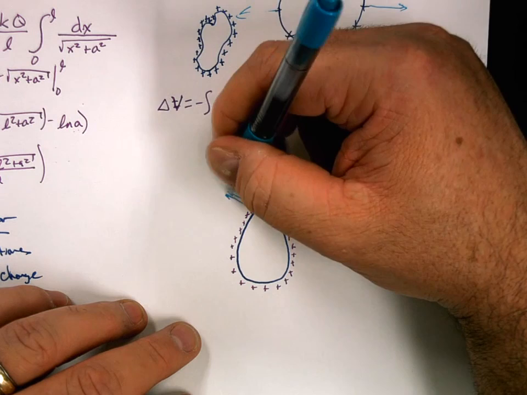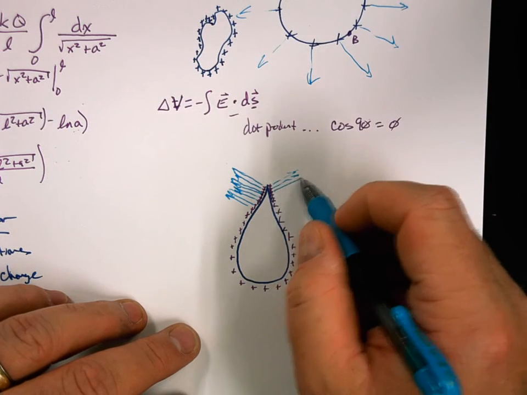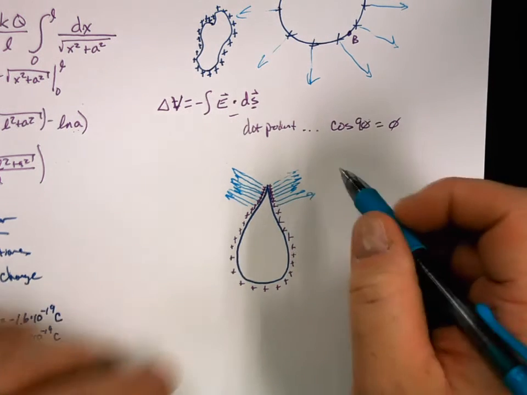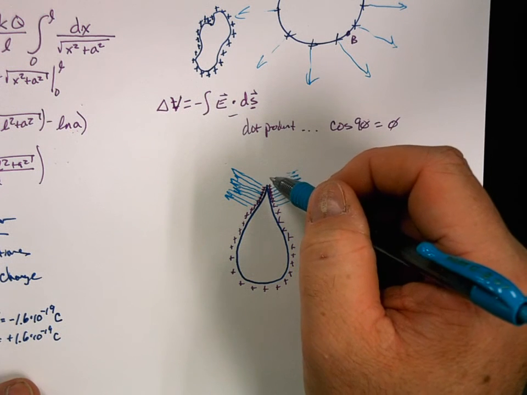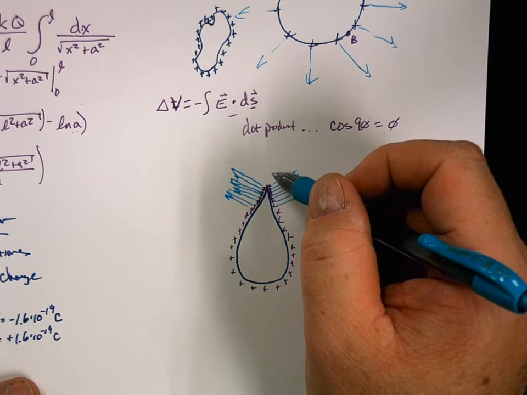The point is, up here, the field lines at this point are very sparse.